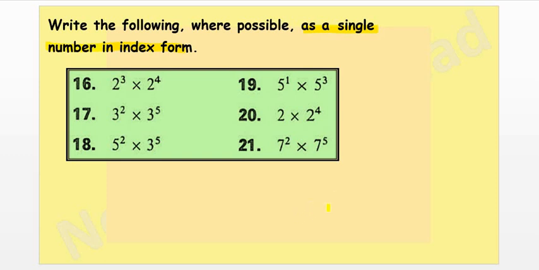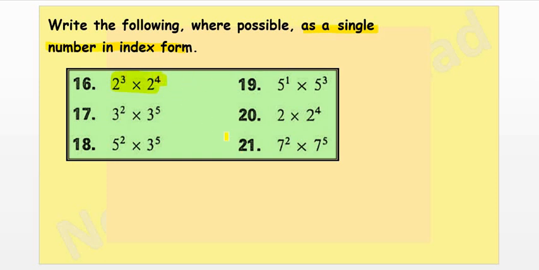It's only possible when they have the same base. For example, if you look at question number 16, the bases are exactly the same, so you can write it as a single number in the index form. The base will remain the same, 2, and again in the answer the base will be 2, and you will simply add the exponents.